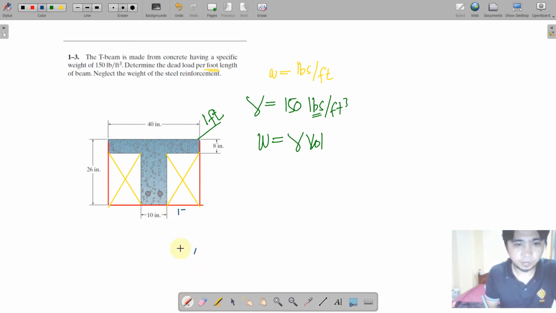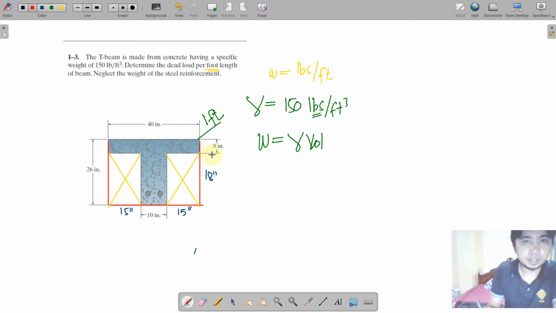We have 15 inches here and also 15 on the other side. So 26 minus 8 is 18 inches. So as simple as that.